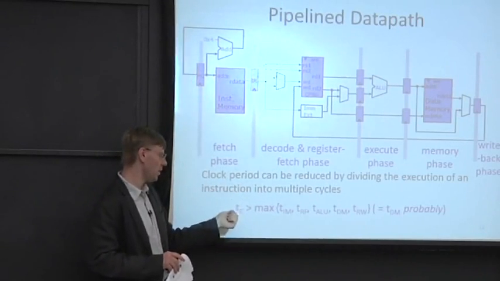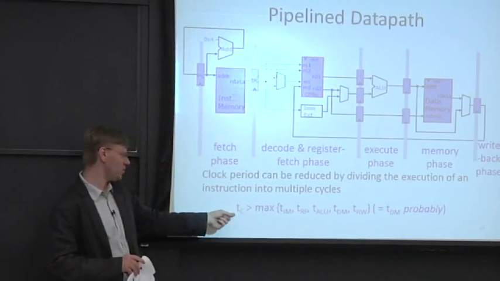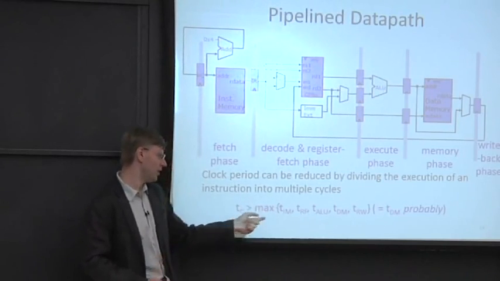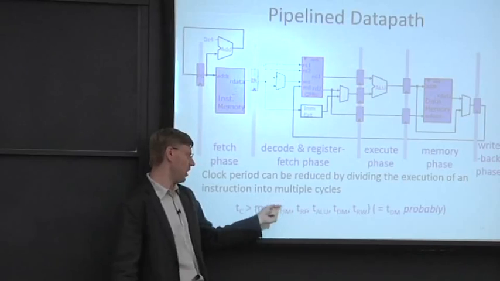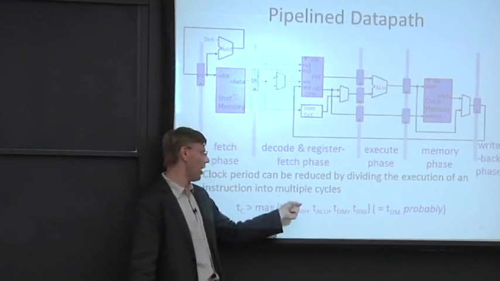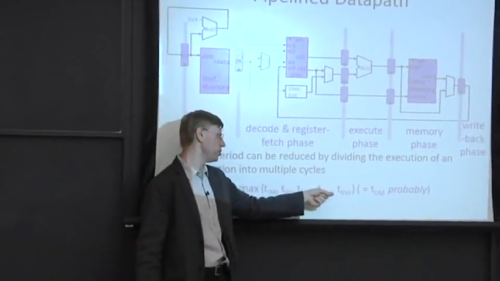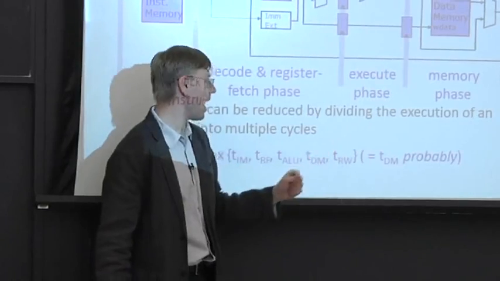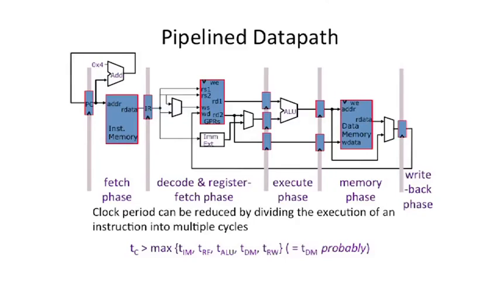If we look at the time, the cycle time is greater than or equal to the maximum of the time to access the instruction memory, the time to access the register file, the time to access the ALU, the time to access the data memory, and the time to write back. Those are the different things in the 5 stages here.